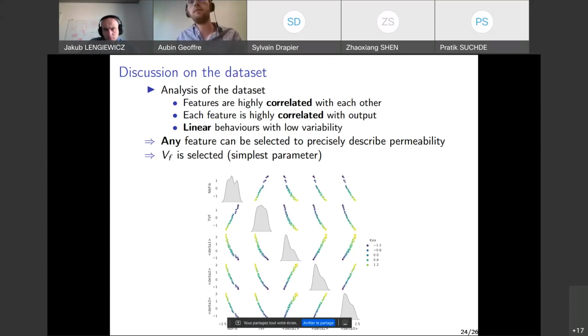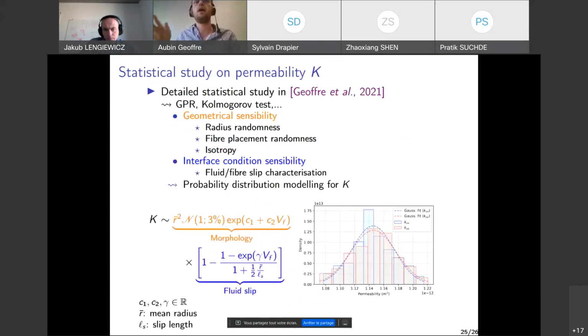This study between permeability and morphological parameters is described in an article published in 2021. This article used Gaussian process regression, but also other data science techniques such as the Kolmogorov test to investigate the relation between morphology and permeability.